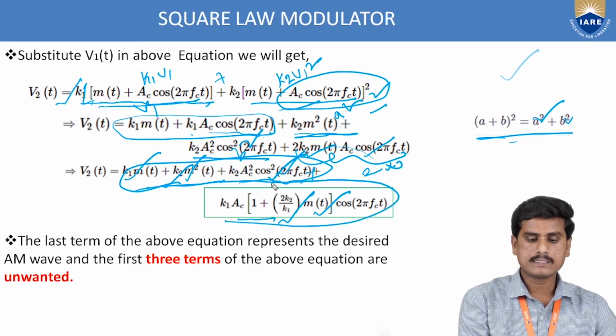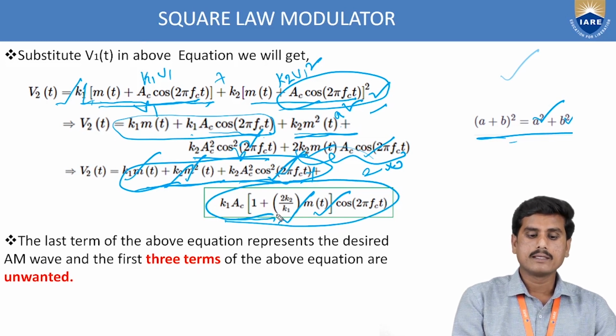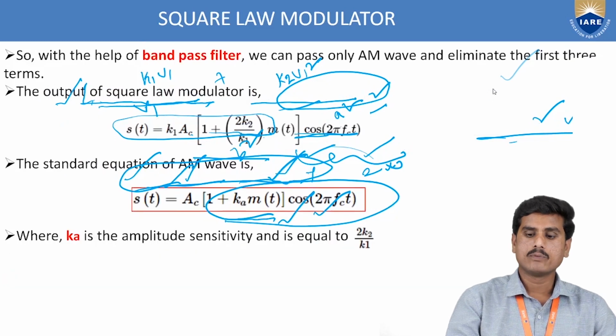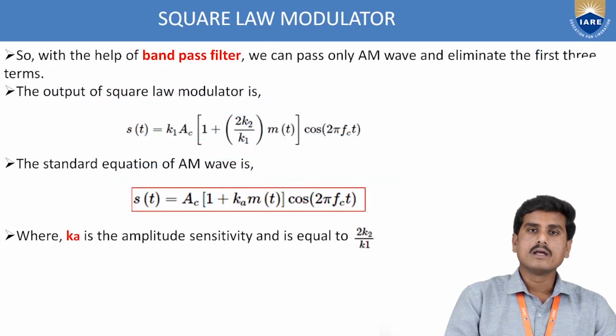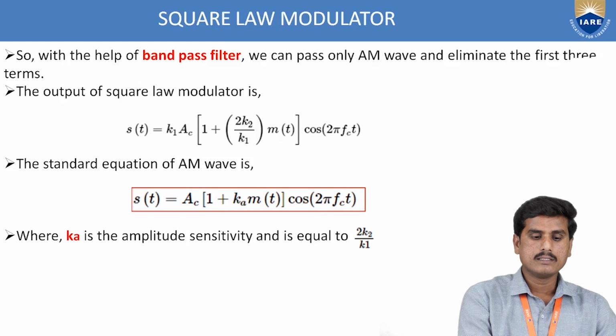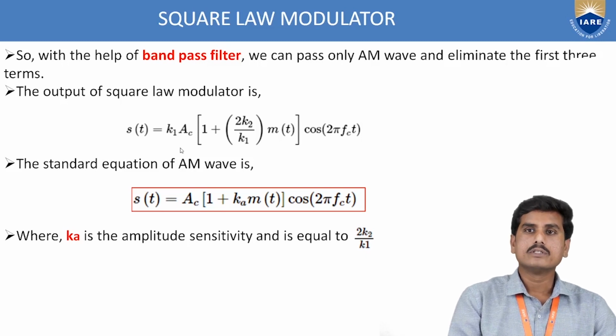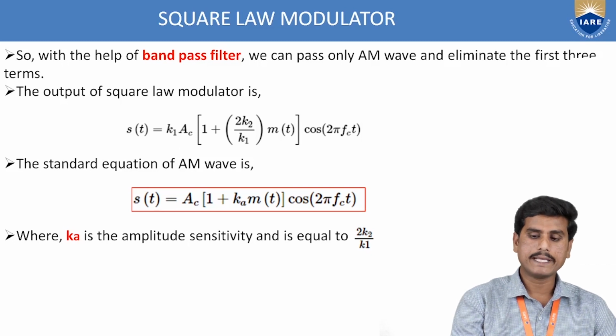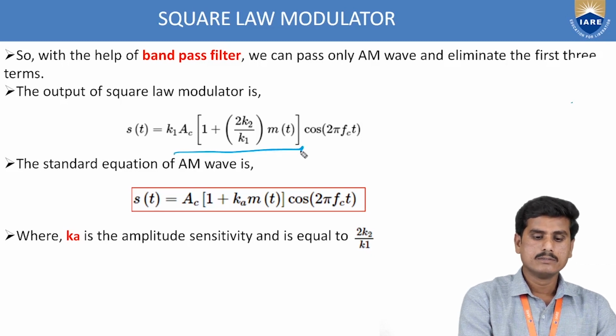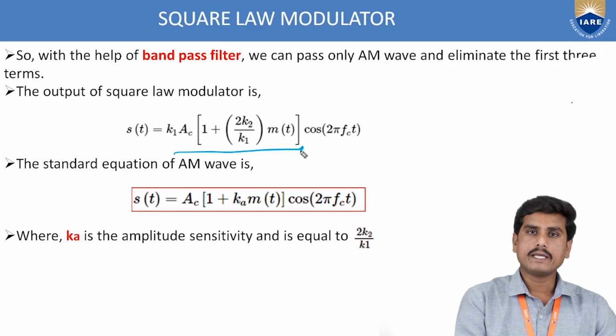The last term, that is K1 Ac into 1 plus 2K2 by K1 into m of t cos 2 pi fc t, is the required term. So we require only the last term, that is S of t equal to K1 Ac into 1 plus 2K2 by K1 m of t cos 2 pi fc t.